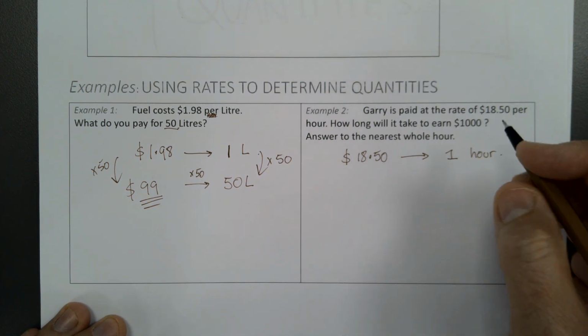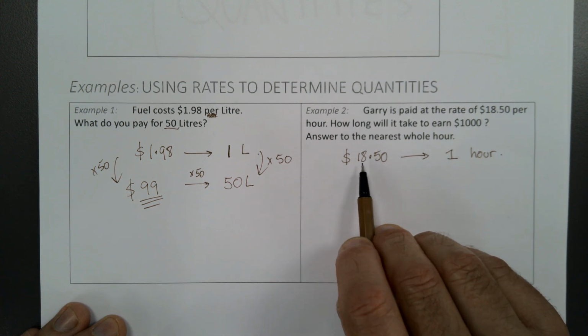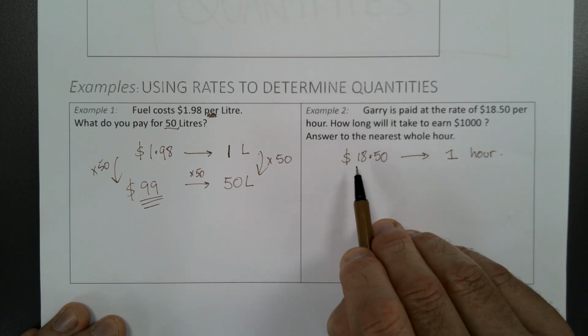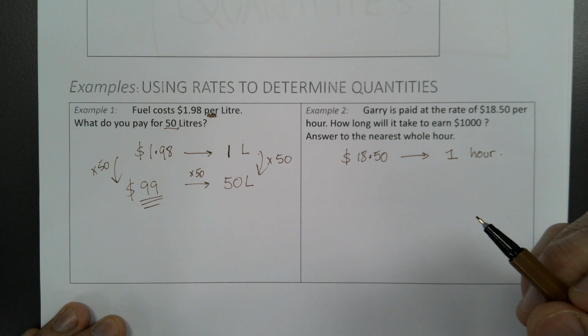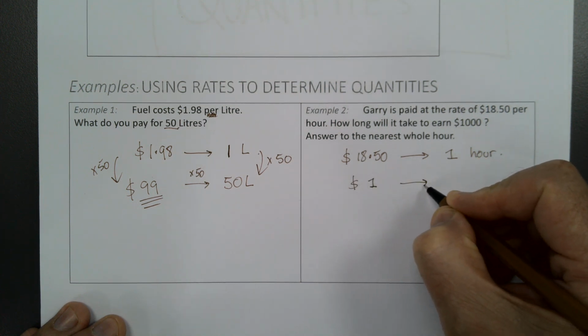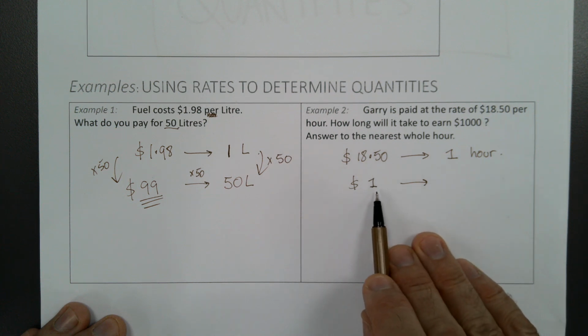Well, let's look at this. Let's have another step in there. Let's just make a couple of steps here. You're in charge of this. You can change this however you want by doing the same thing to both sides, either multiplying or dividing. What if I turned this into $1? In other words, how long will it take me to earn just $1?